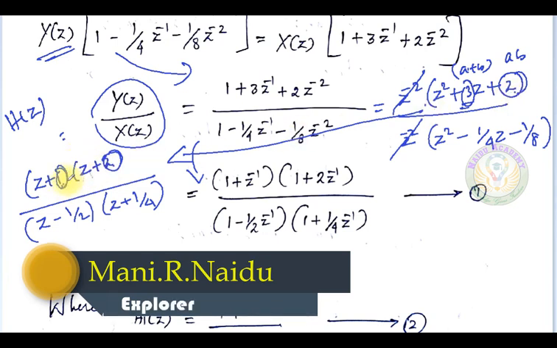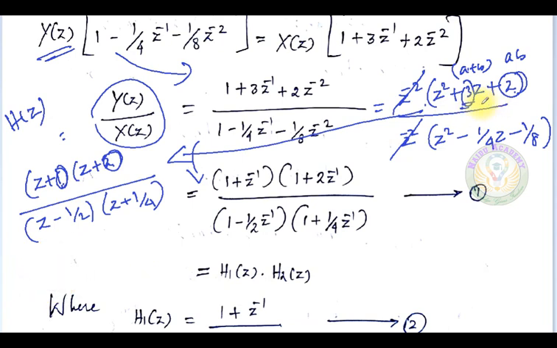If you add 1 plus 2, you will get this. So you have to find the two factors which satisfy this combination. That is 1 into 2, that is ab, which gives 2. A plus b is 3.